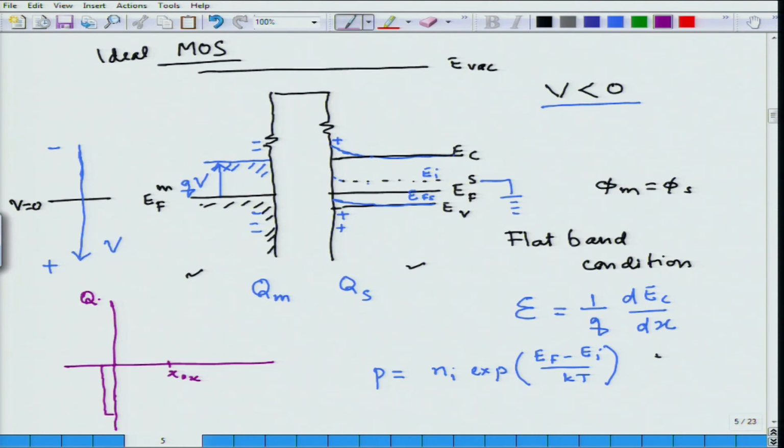The total of this charge will be q m, the area will be q m that I have plotted here. And what is happening on the semiconductor side? We have the depletion region, because of that we have a positive charge, and I am going to show that positive charge more schematically as if for the depletion region going like this. So, this is the positive.